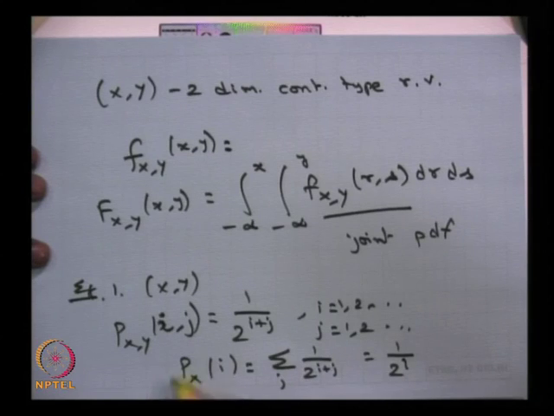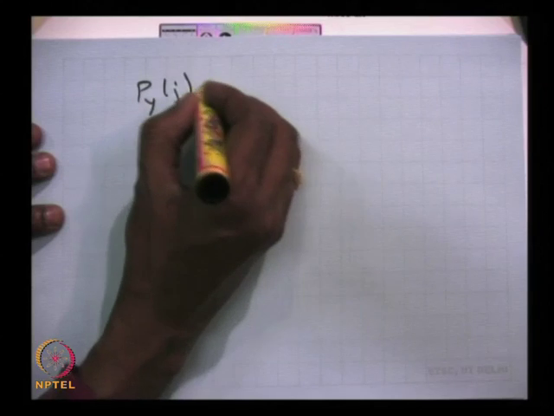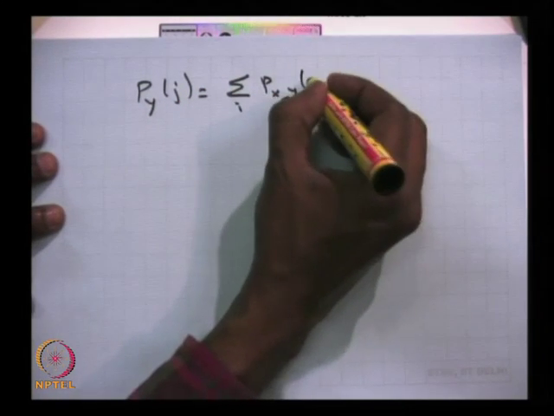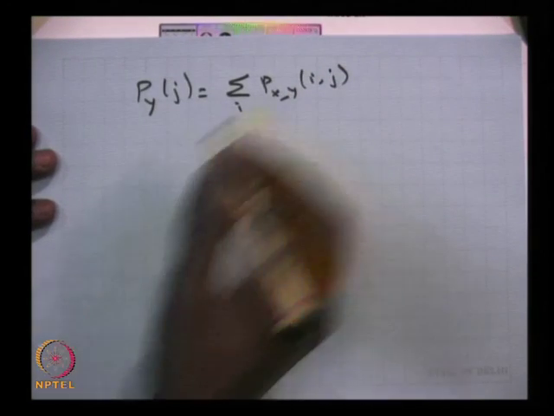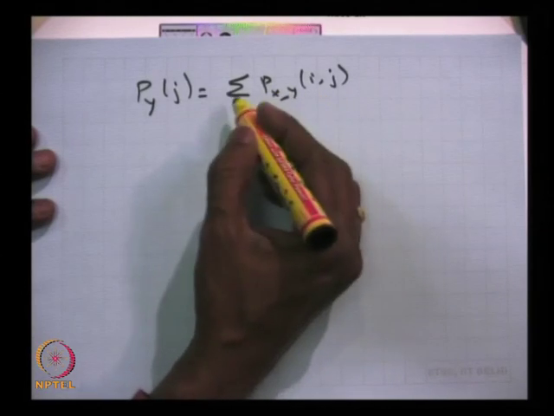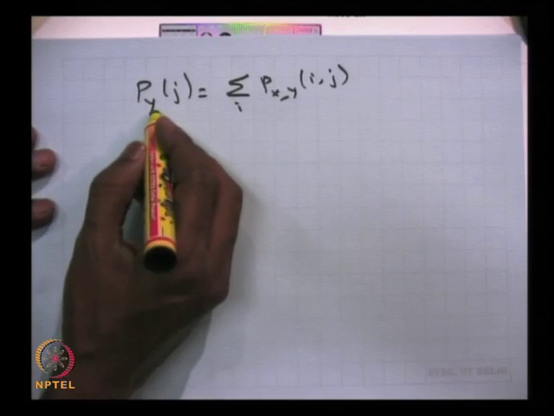Similarly, if you make the summation over i with the joint probability mass function, you get the probability mass function for the random variable y. That means from the joint probability mass function, by summing over the other random variable, you can get the distribution of the single random variable.